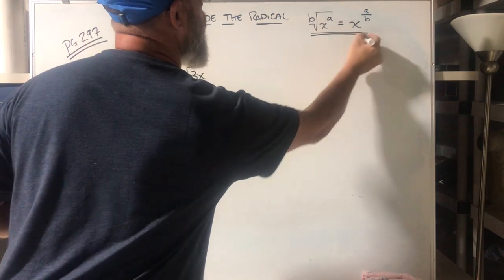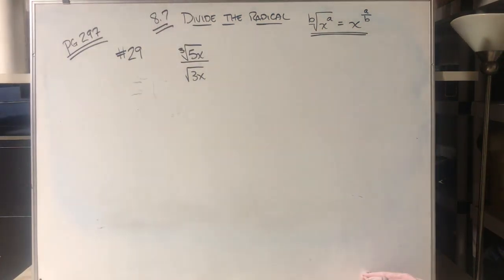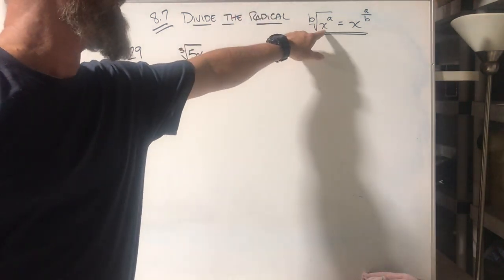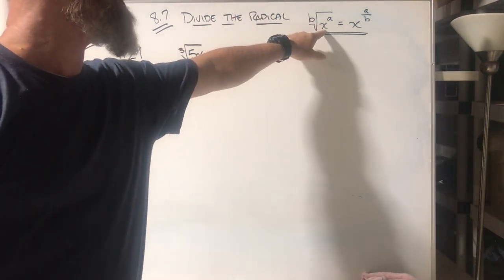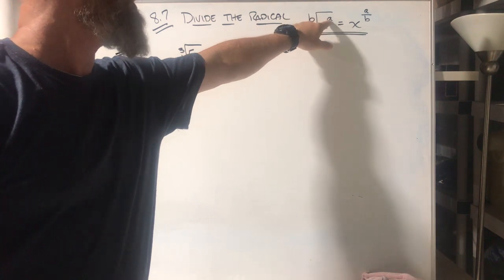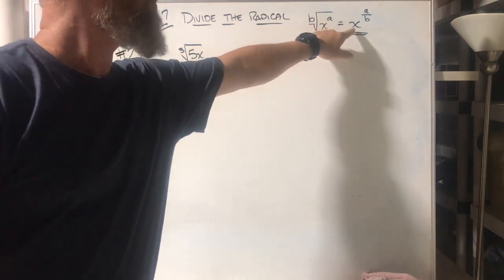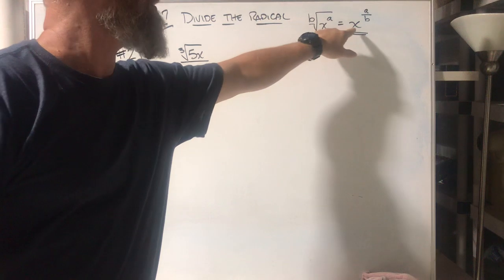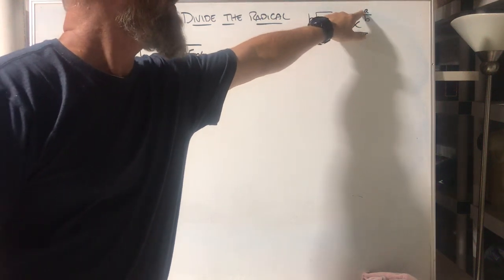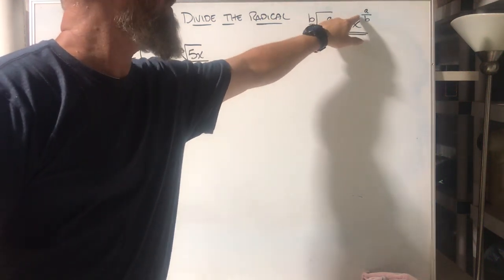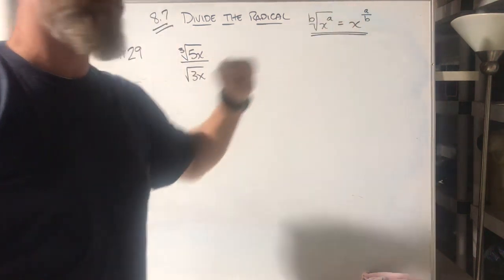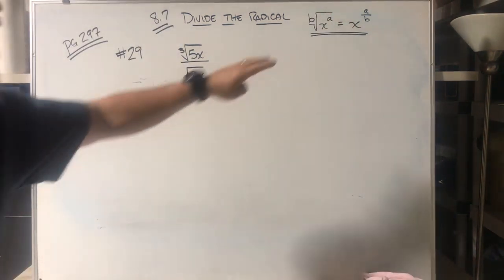This is the rule that we have to remember, where you have the index and then you have a variable or a constant raised to a power. You can rewrite it as this constant or coefficient to the a, the exponent, over the index. Okay? So we have to remember this.